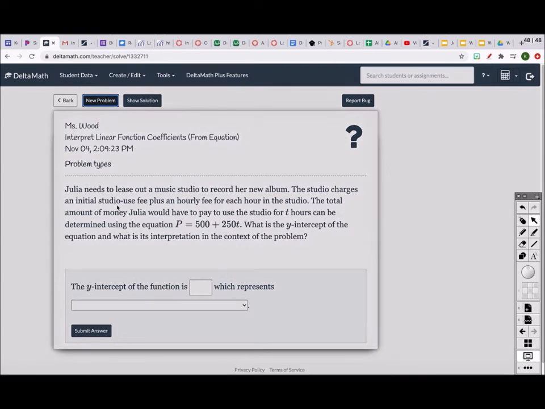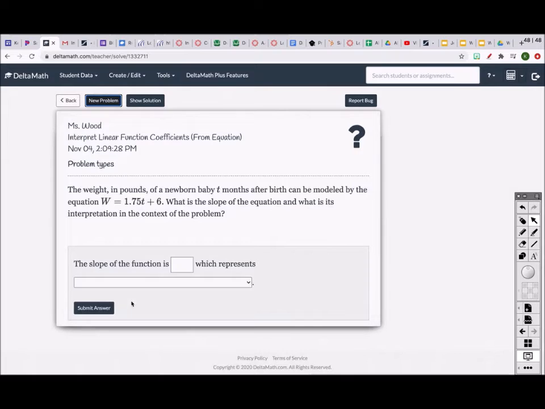Let's do another one that's slope, just so you can see. Okay, this one says slope, and so when we're looking at this problem, we know that the number that's the slope is the one that's with the variable. So 1.75, t stands for months. It started at 6 pounds and it goes up 1.75 pounds each month.